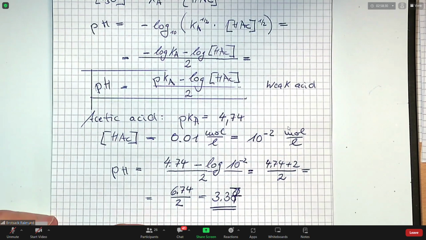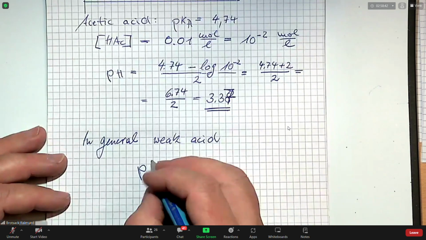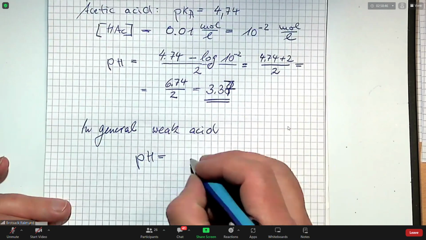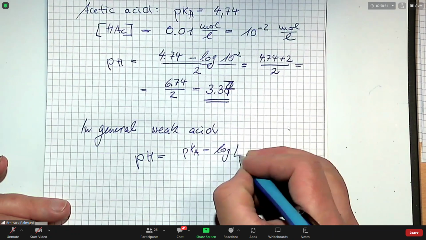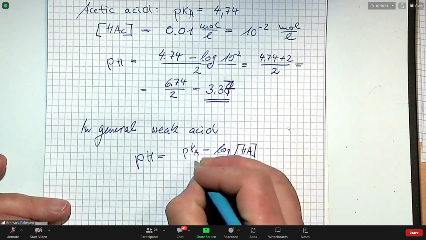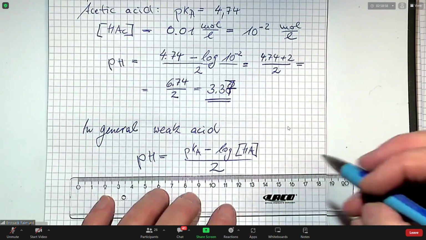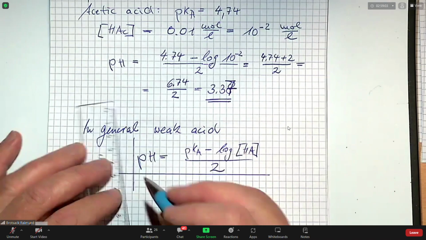So in general, and that's the last for today, for a weak acid the pH is pKa minus log of the concentration of HA over 2. Please, this might be a formula to remember for weak acids.